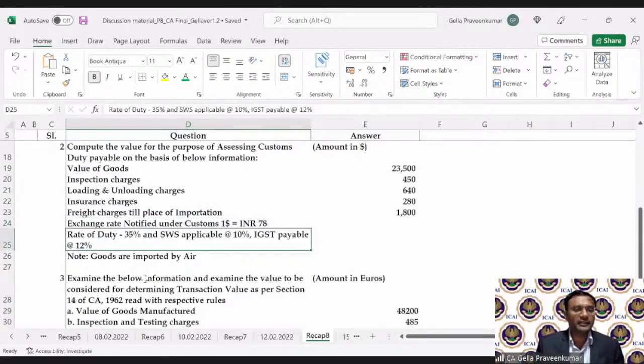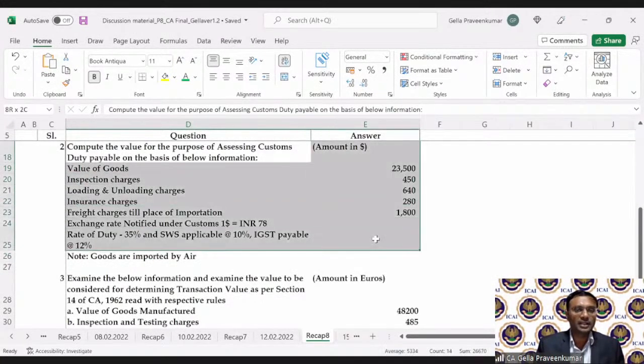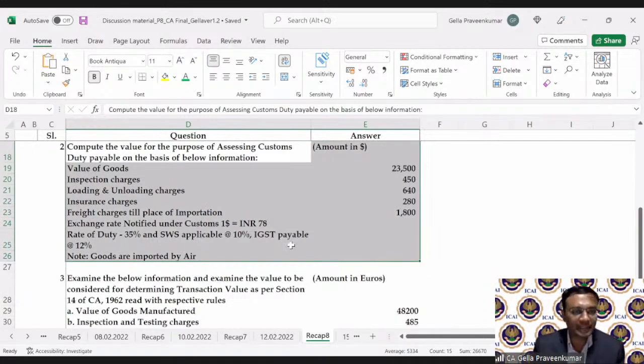Rate of duty for customs purpose 35%. Social welfare surcharge 10%. IGST 12%. And they have given information that goods are imported by air. Now, this is the information they have given. So we have to do the calculation on the basis of CIF.